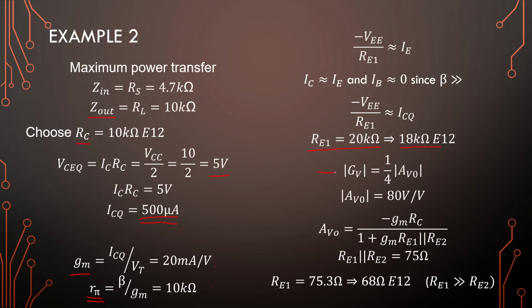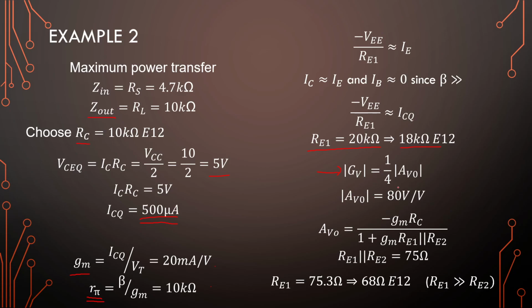Next up is to calculate our maximum gain. So our total gain is a quarter of the maximum, since we are dealing with matched input and matched output. So every time that will be a half times AV0 would be your GV.